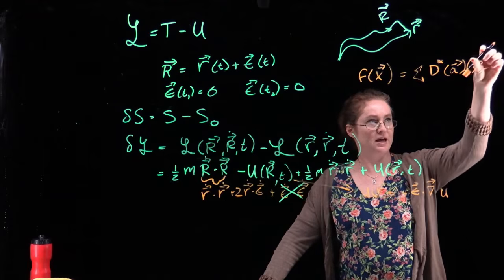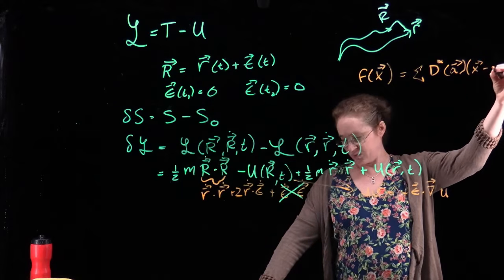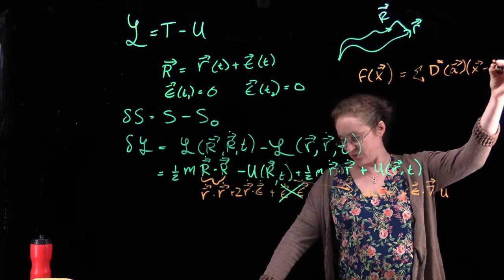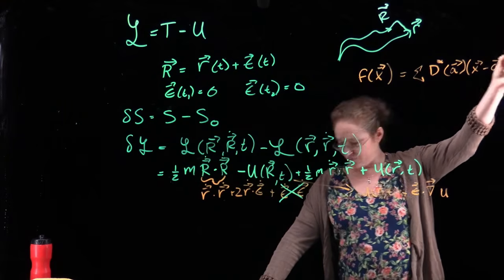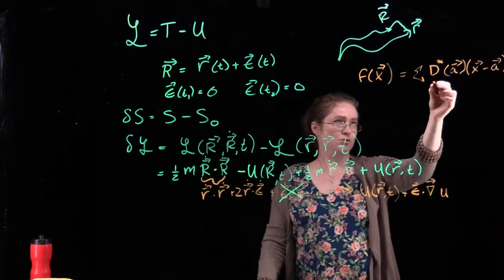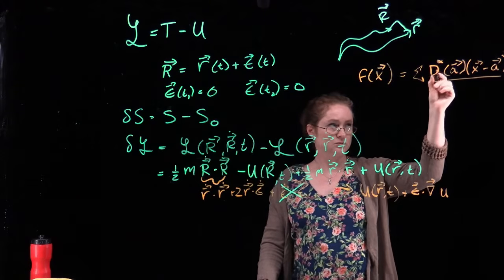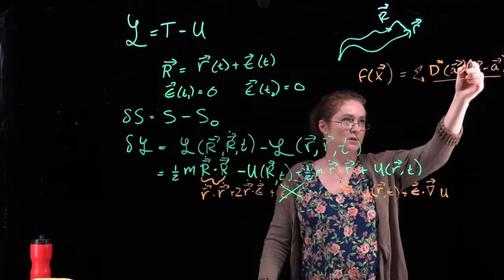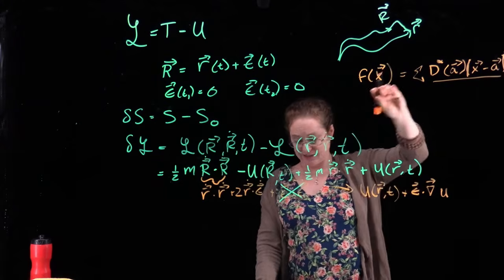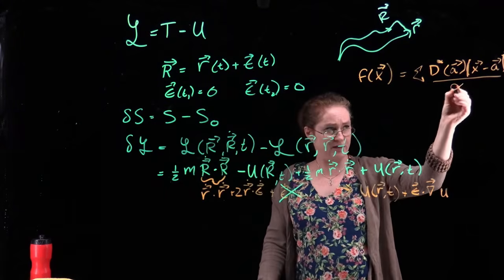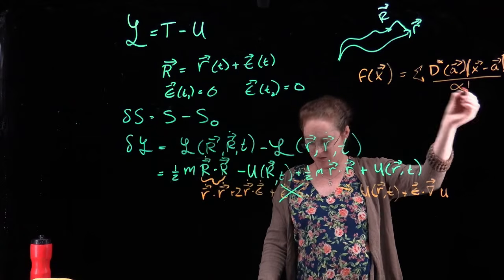So here you have the vector difference to the alpha over, well, let me put a magnitude there because this is a scalar function. We need to make sure we don't have a vector.